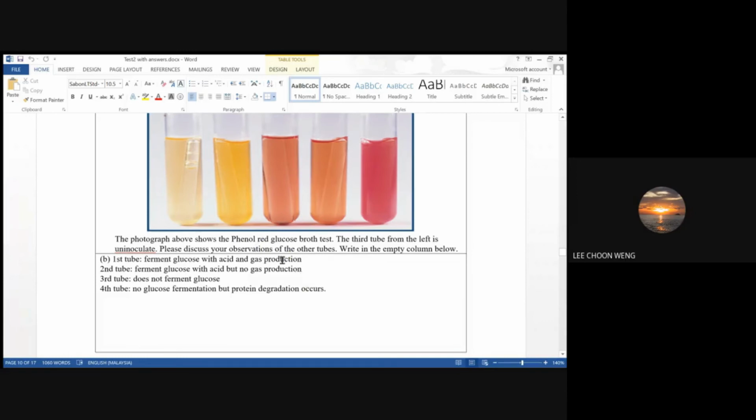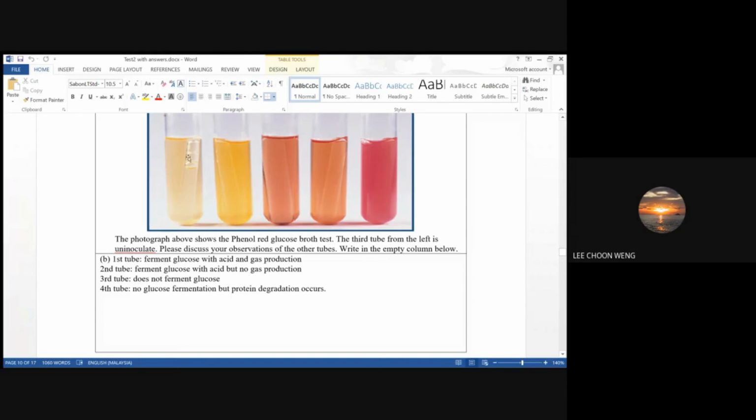The pH indicator is phenol red, the sugar is glucose. So always compare against the uninoculated. Here the uninoculated is in the middle. Okay. So what do you see here? Both of these are definitely yellow. That means both of them ferment glucose. However, you can see the gas here, gas formation.